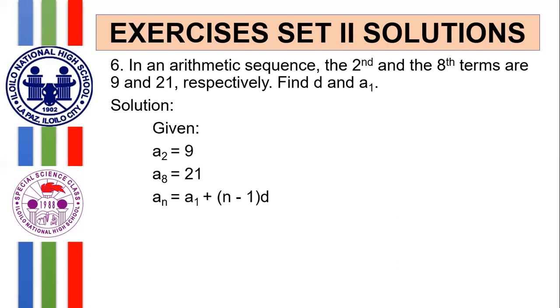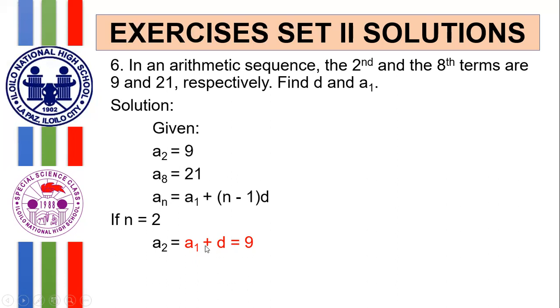Now, you could see that from the first given, a sub 2 is equal to 9. Remember that whatever the subscript of a, that will also be the value of n here. So if we let n equals 2 and replace all n's by 2 here, we have a sub 2 equals a sub 1 plus 2 minus 1, or simply 1 times d, or d.